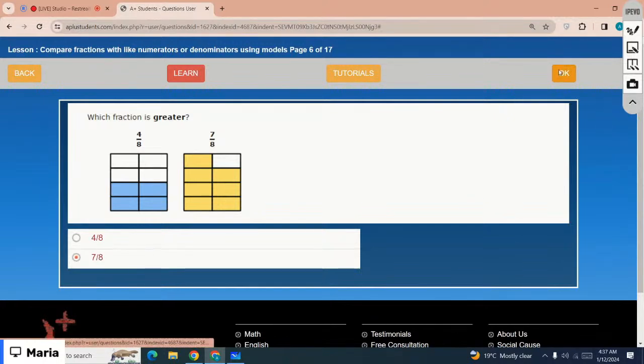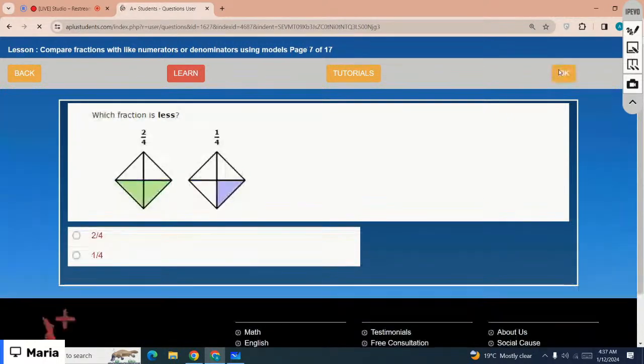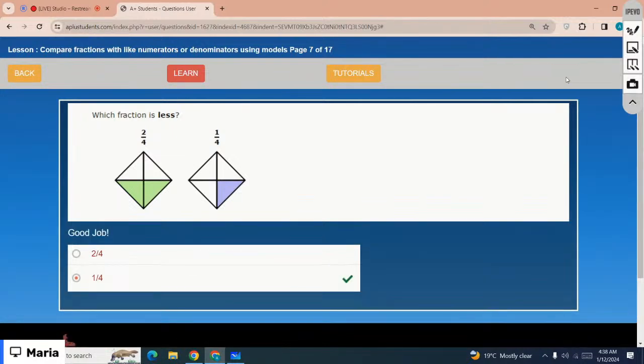The correct option is 7 over 8. Very good. Which fraction is less? 1 by 4, 2 by 4. Which is the correct option? 1 over 4 is less than 2 over 4. Got it?